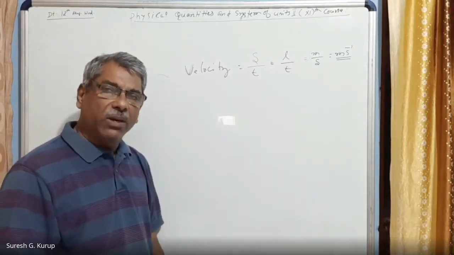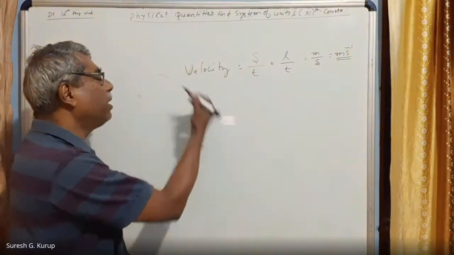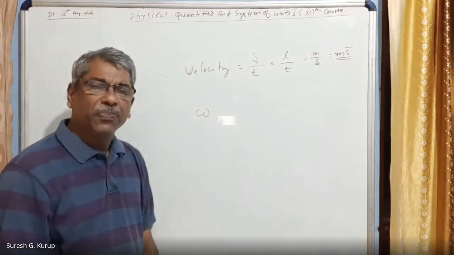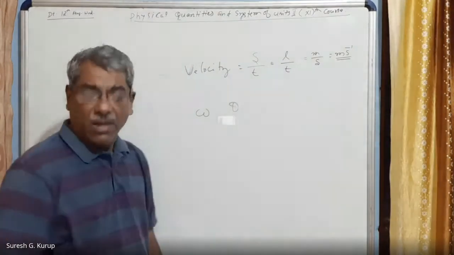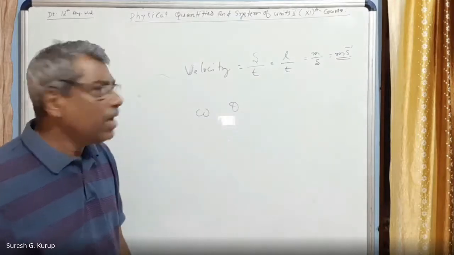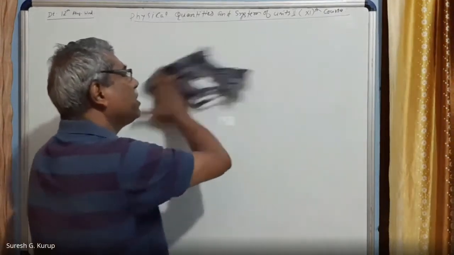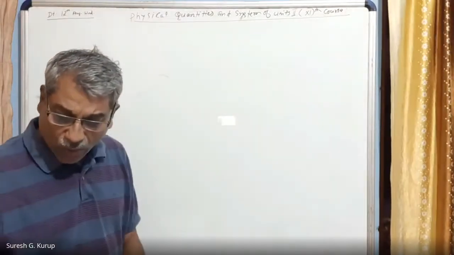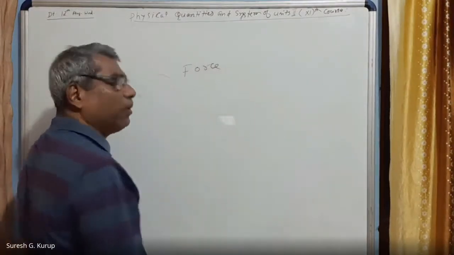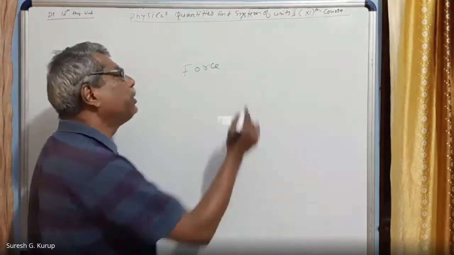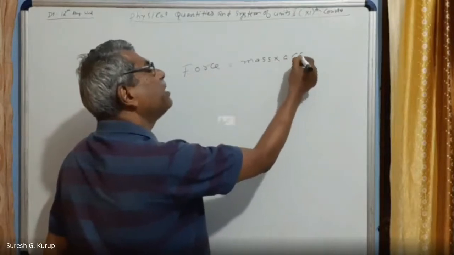Solid angle is denoted by which letter? Omega. And plane angle is represented by theta. So all these things we have discussed. Another quantity I am going to discuss before you is force. Everybody knows that force is equal to mass into acceleration.